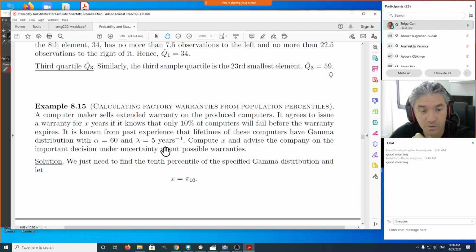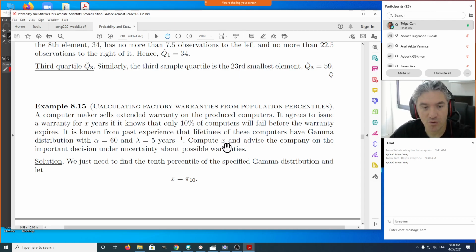So in the CDF, we are going to do the inverse CDF, asking which duration gives me a CDF value of 0.1.